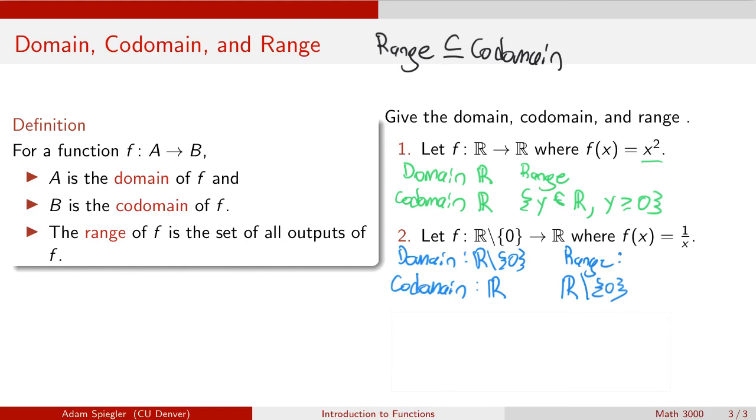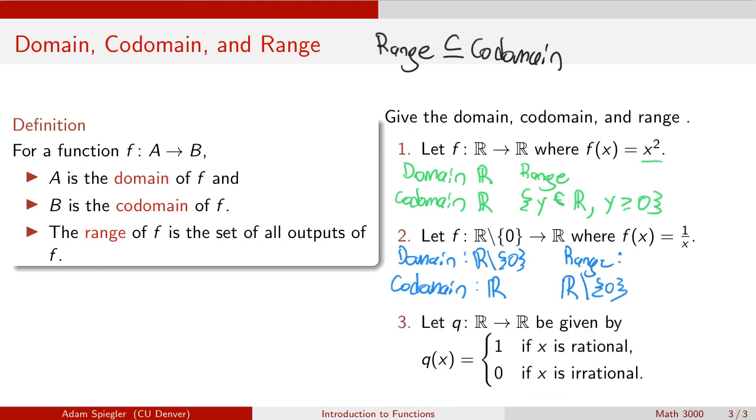And one more example to practice. Let's consider the function q. Okay, and this function q maps from the real numbers to the real numbers by taking, if the input x is a rational number, then we map to 1. If the input x is an irrational number, then it's going to map to 0.